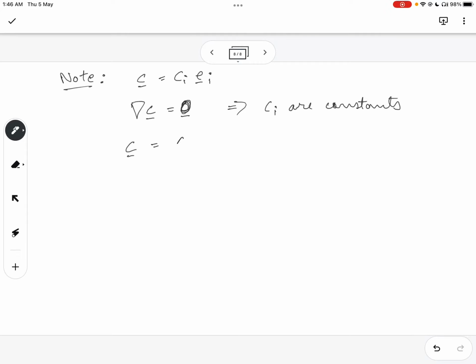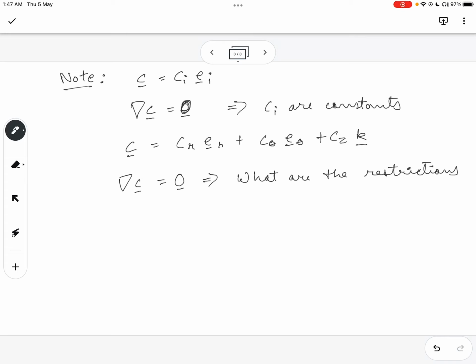If C is given in terms of the polar coordinates, C_r e_r plus C_theta e_theta plus C_z k, and it's written that gradient of C is 0, then what are the restrictions on them? This case is not trivial. What are the restrictions on C_r, C_theta, and C_z? They will not be constants as in the Cartesian coordinates. This I'll leave for you to check. Using the expression of gradient in the polar coordinates, you can easily do this. Equating all the components to 0, we can find the restrictions on C_r, C_theta, and C_z.